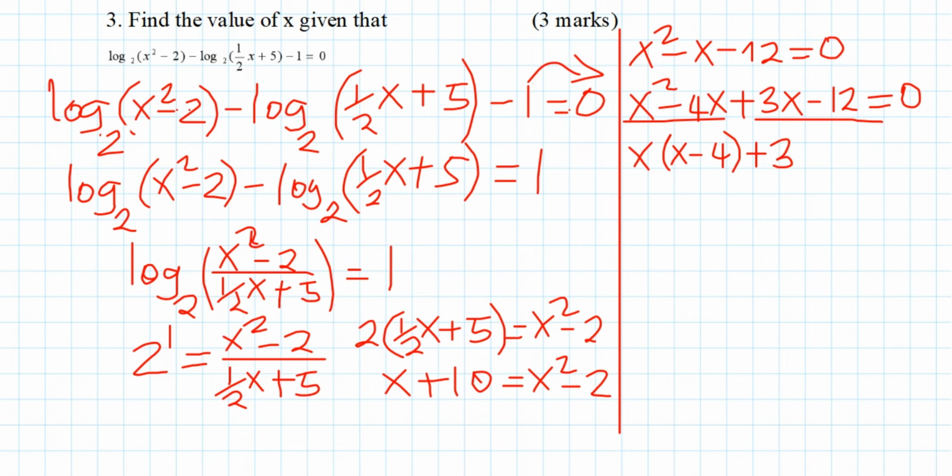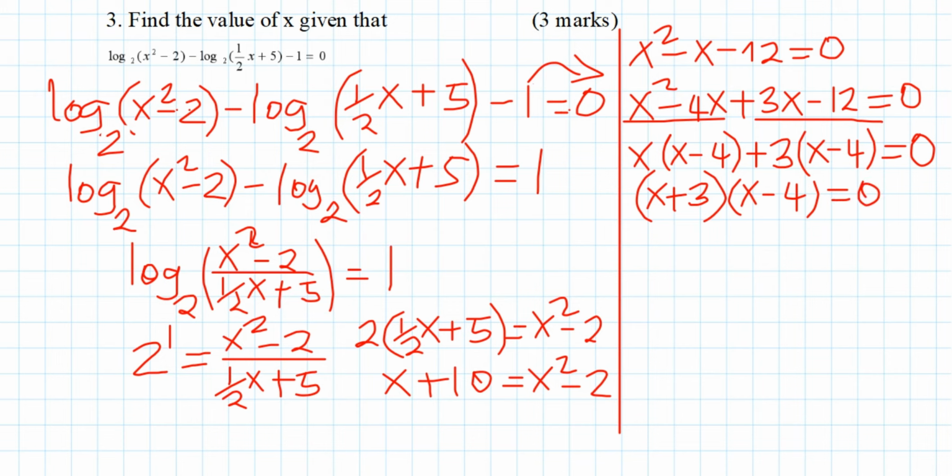So we factor out 3, and in brackets we have x minus 4, and all that shall be equal to 0. Then from there, we can combine the two so that we have x plus 3 in brackets, x minus 4 in brackets equal to 0.